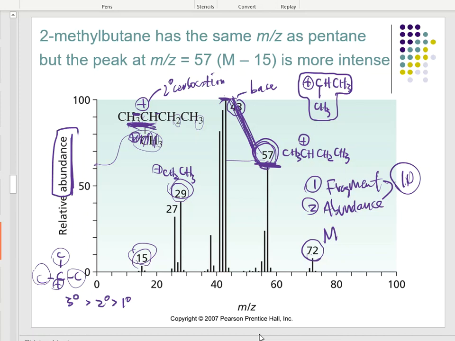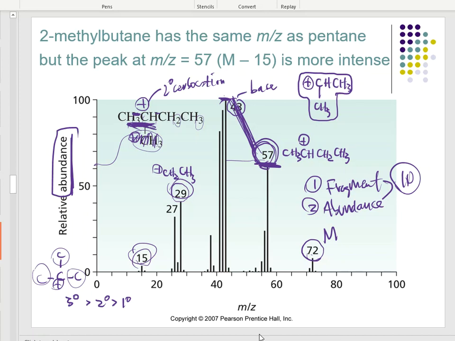2-methyl butane will fragment this way in this particular abundance amount. No other molecule will do the same fragmentation pattern with the same abundance. And because of that, the mass spectrometer is able to identify that particular compound. No standards are needed.